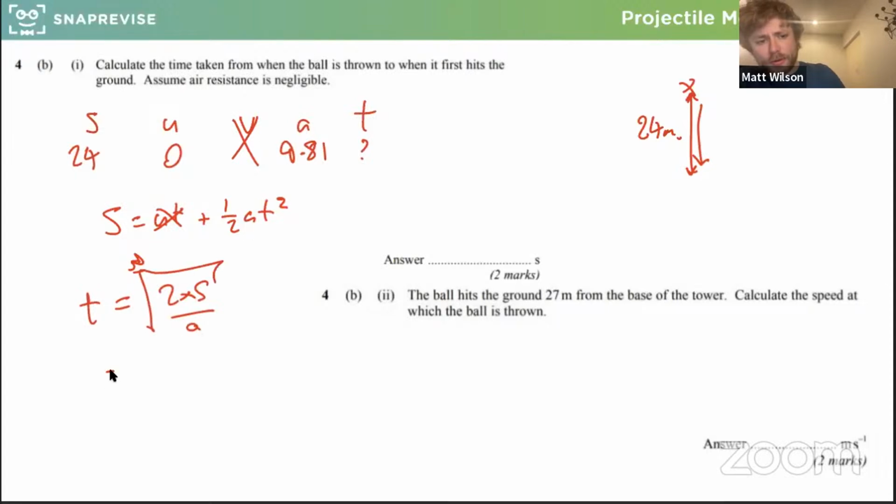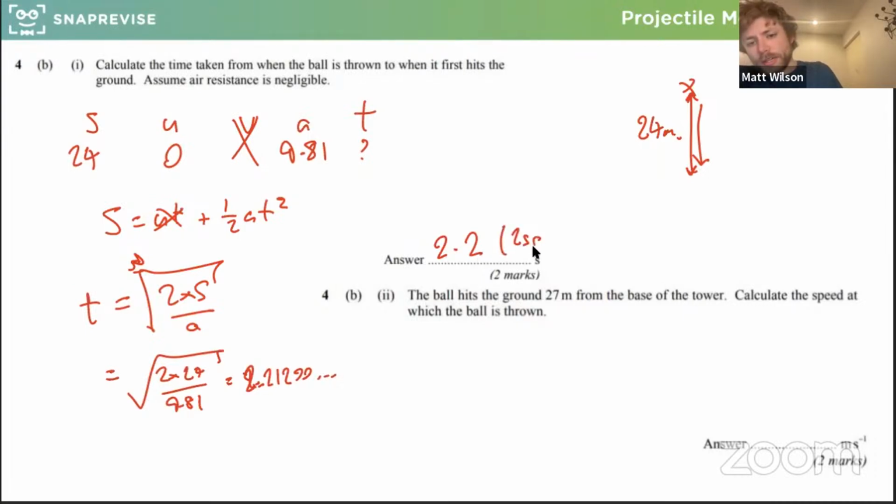Chuck that in a calculator: 2 times 24 over 9.81, and in a calculator that gives us 2.21200220, etc., which simply gives us 2.2 to 2 significant figures.